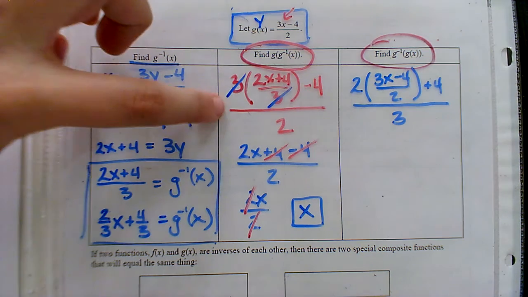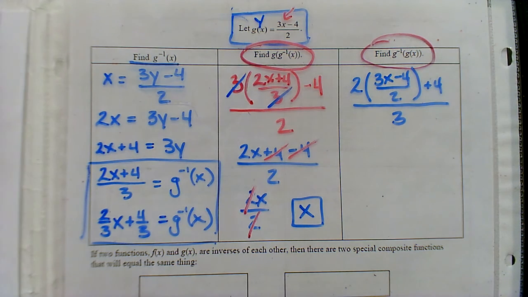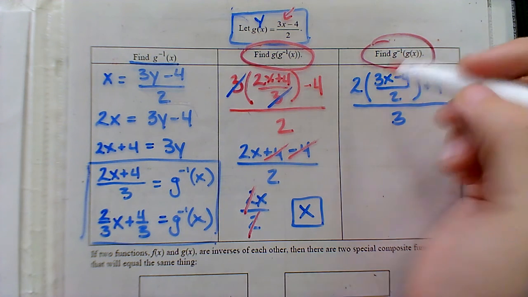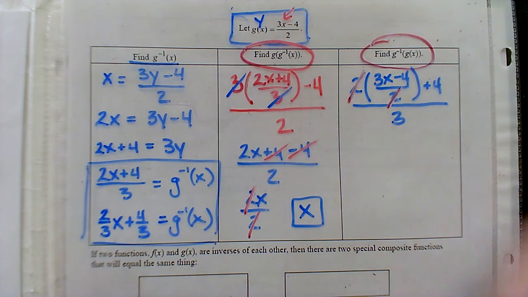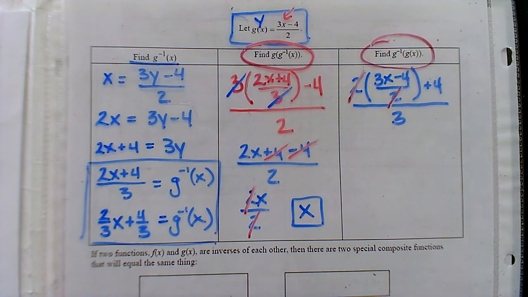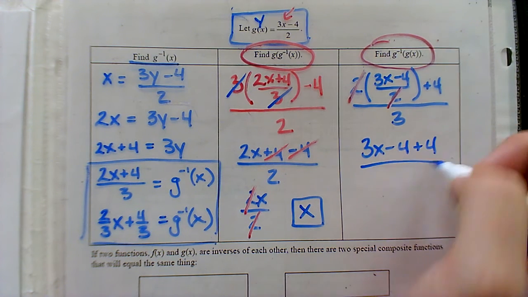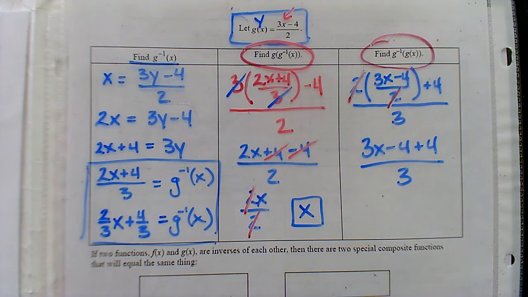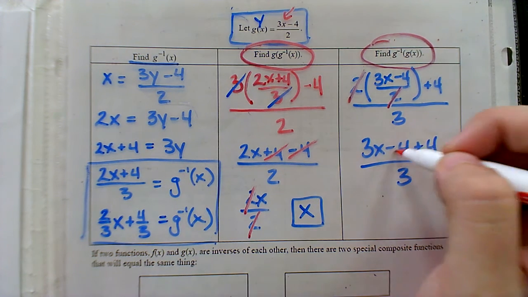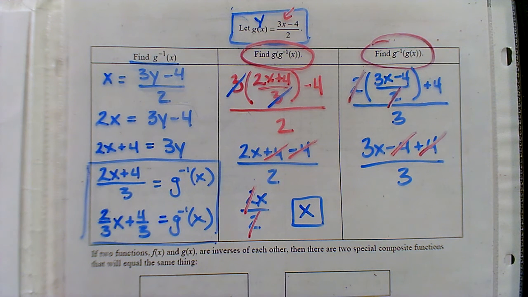It kind of has the same setup as the one we did before, so maybe we can use some similar ideas there. Notice how the 2's would cancel. One's being multiplied, one's being divided. Those are inverses. We have a subtraction of 4 and an addition of 4, so those cancel out. Those are inverses.